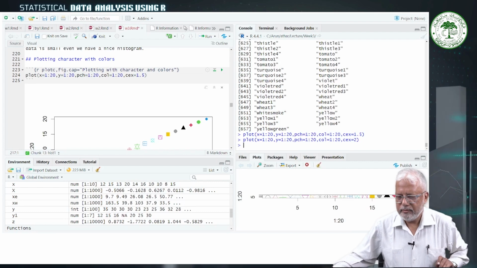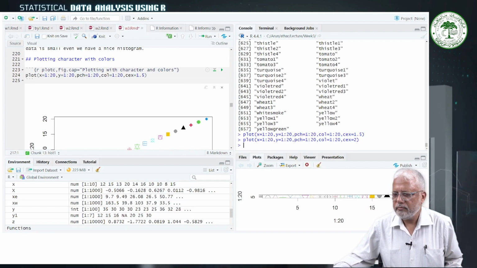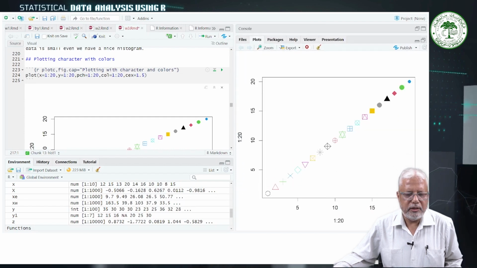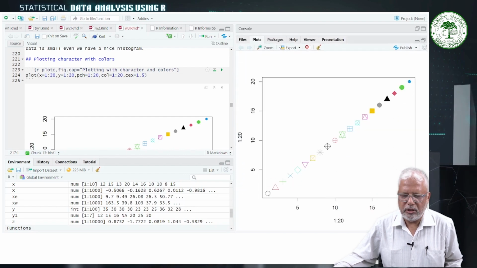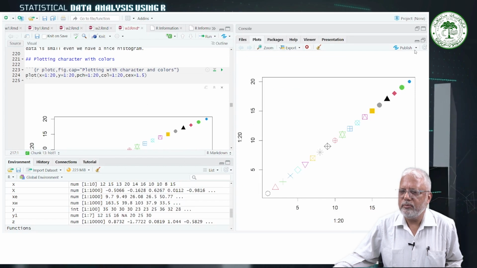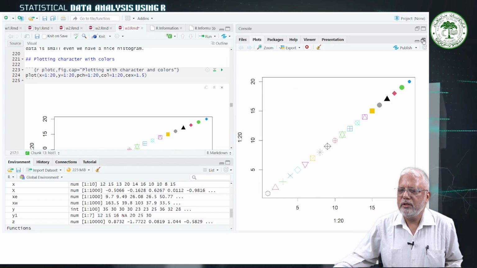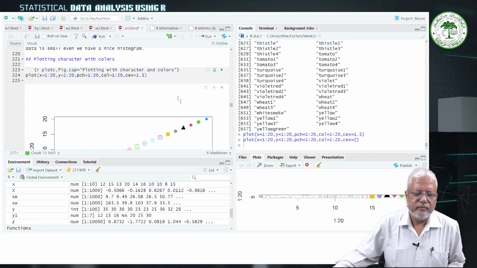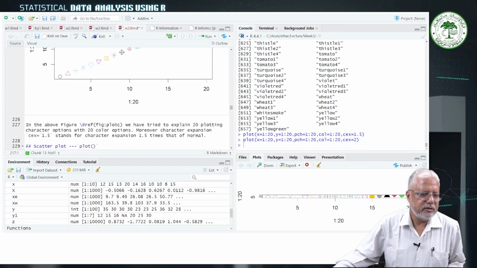See, here it is twice the normal. Here it is 1.5 times bigger, and here twice the normal. This way you can change the plotting character.